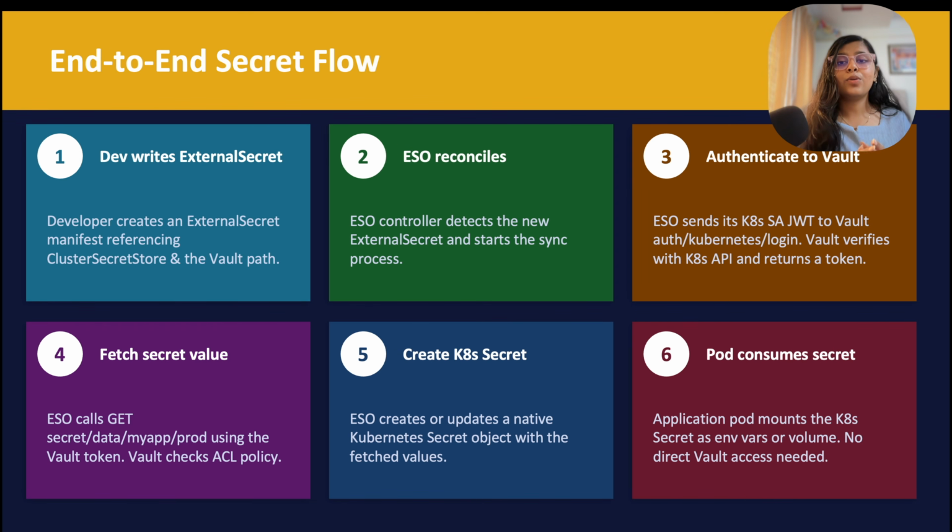So let's try to understand the end-to-end secret flow. Basically, the developer creates an external secret manifest referencing the ClusterSecretStore as well as the vault path. So it first writes the external secret. Once you write it, ESO reconciles. ESO is nothing but a controller.